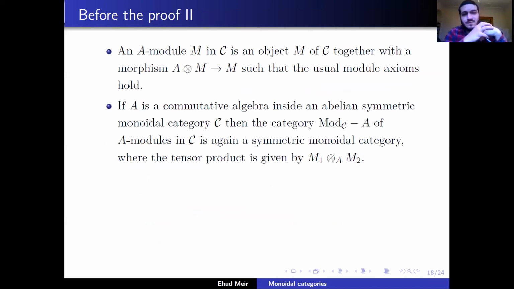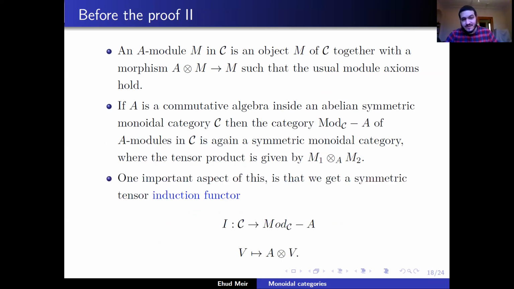Now, if A is a commutative algebra inside an abelian symmetric monoidal category C, then the category of A-modules in C is again a symmetric monoidal category. Here the tensor product is given by taking the tensor product over A, which is possible to do because it's a symmetric monoidal category and it's relatively straightforward.